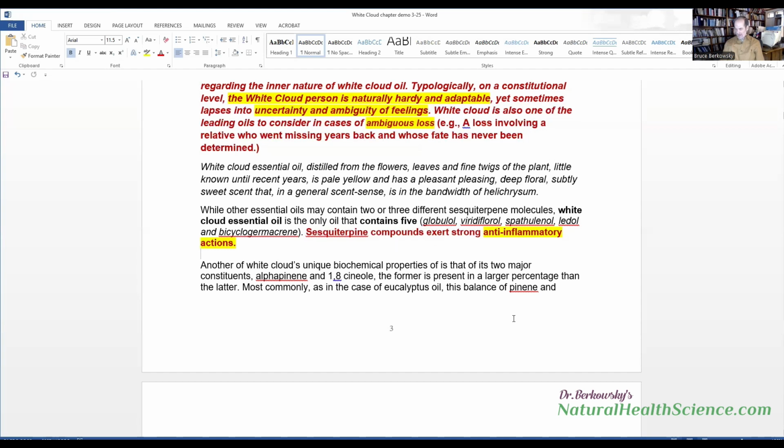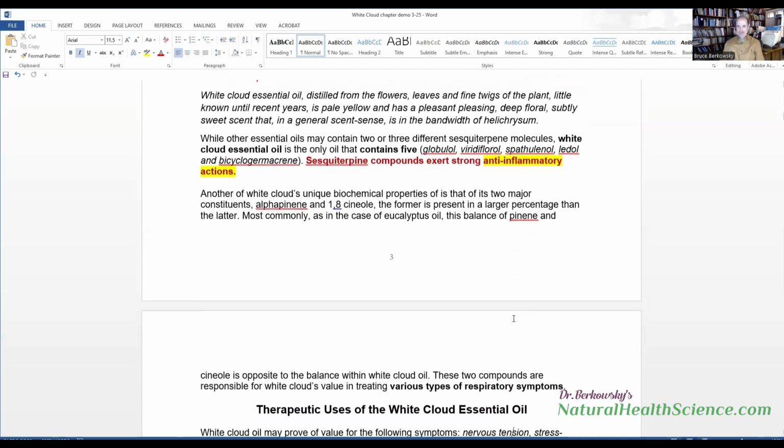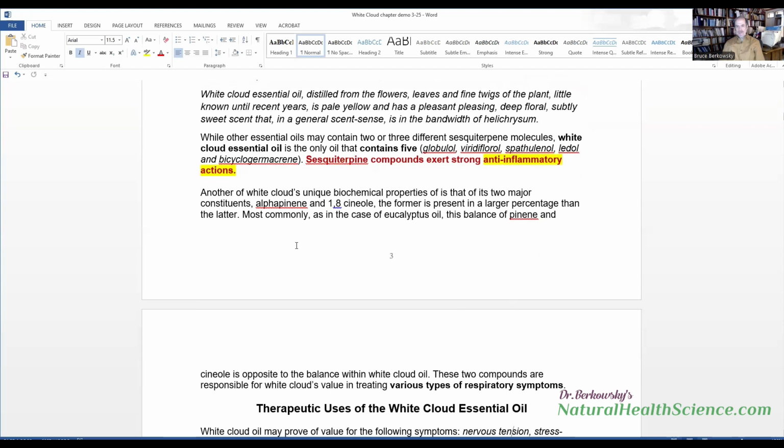Okay, moving down. Now, it's the 2 compounds that are mentioned in this paragraph, these 2 major constituents of the biochemistry of white cloud. Okay, so read that again.